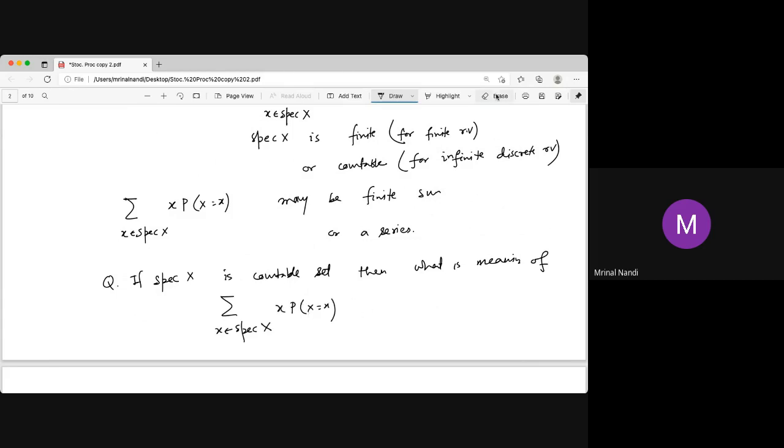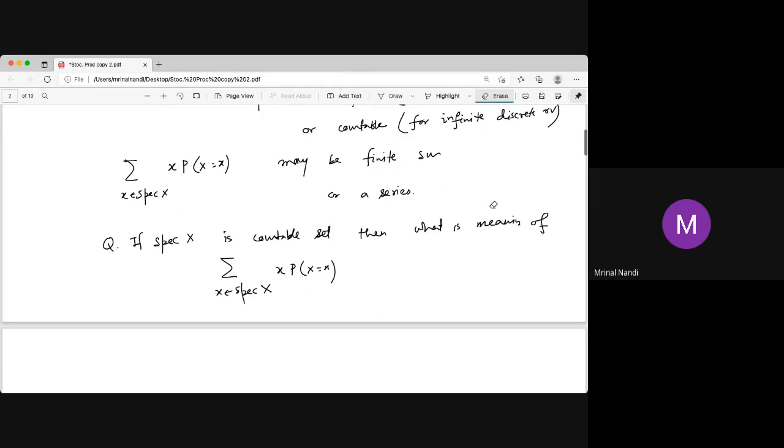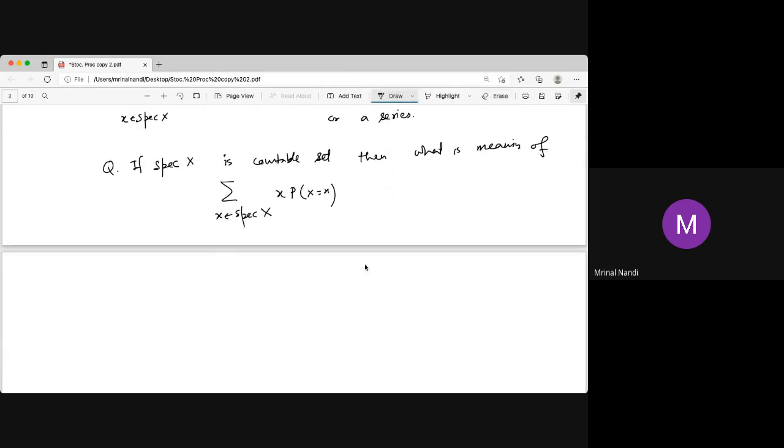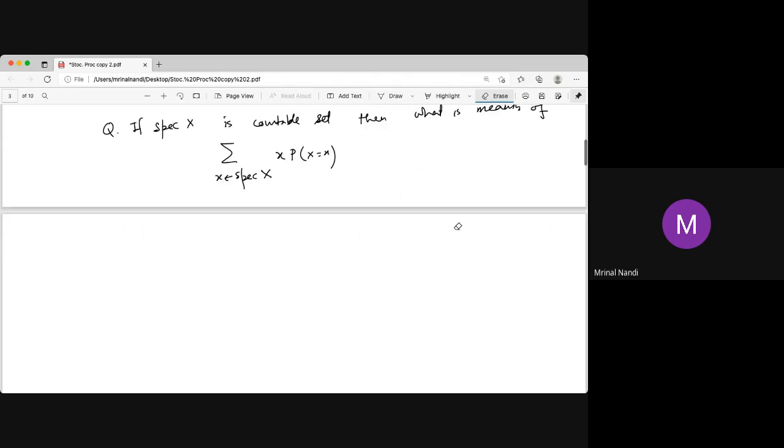There are two problems for defining that summation. The first problem is that it may not converge. If this is a series, the sum of that series may not converge. Another issue is this.